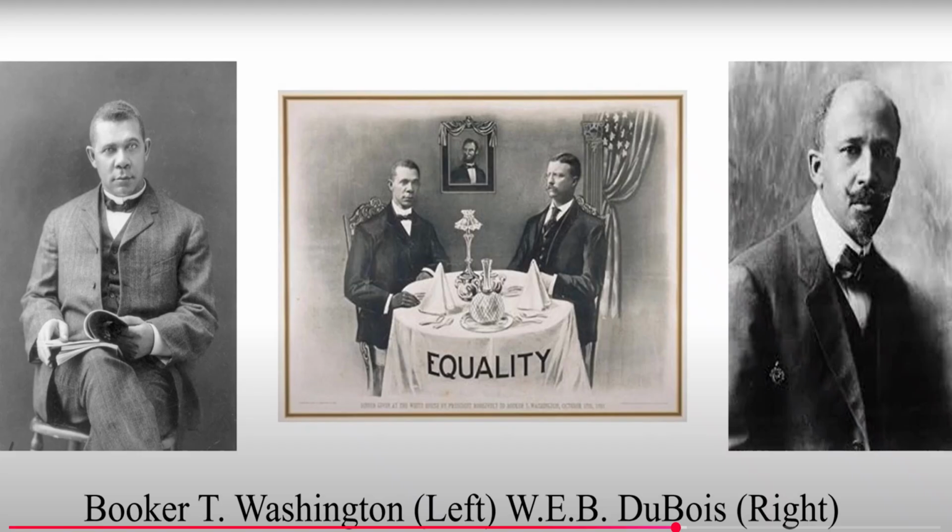And after 1915, when Booker T. Washington passed away, Du Bois's type of activism really became the dominant form of African American civil rights advocacy. Racial uplift didn't go away completely, but the more political approach advocated by Du Bois became more the mainstream.